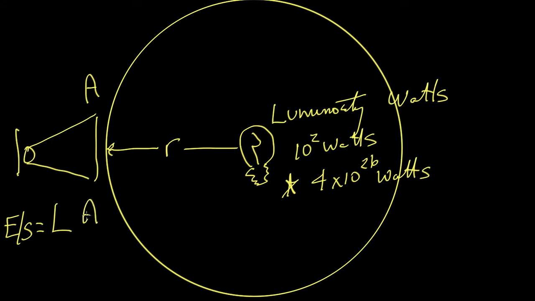And that's going to be its area divided by the surface area of the sphere, which is 4 pi r squared.